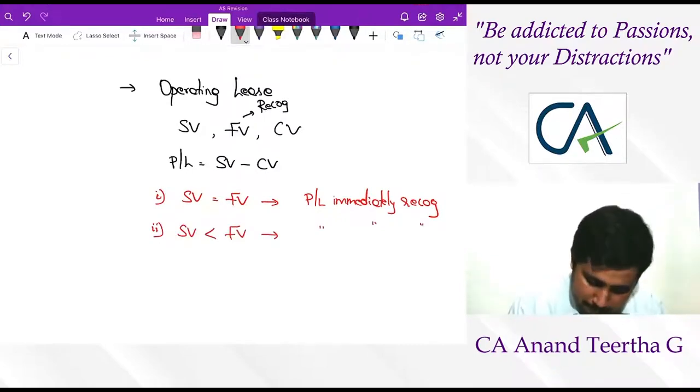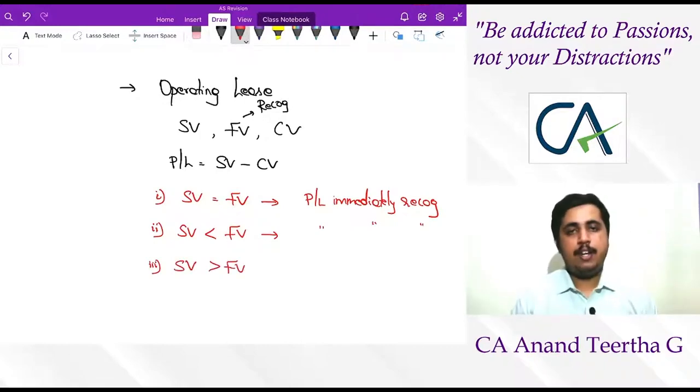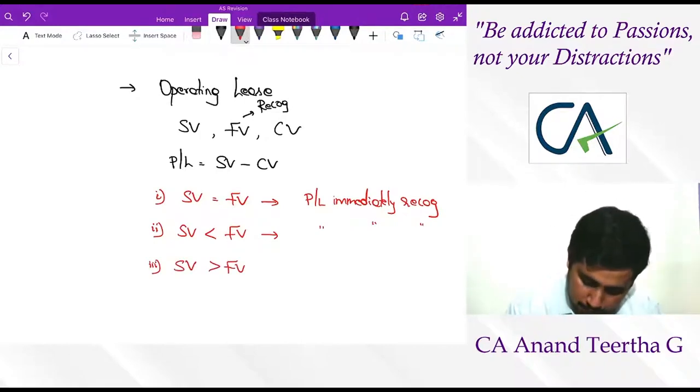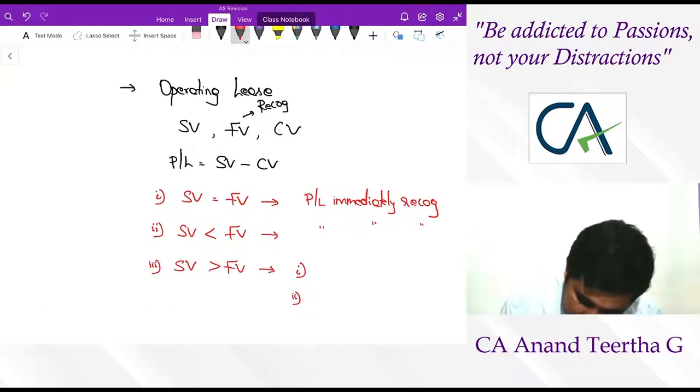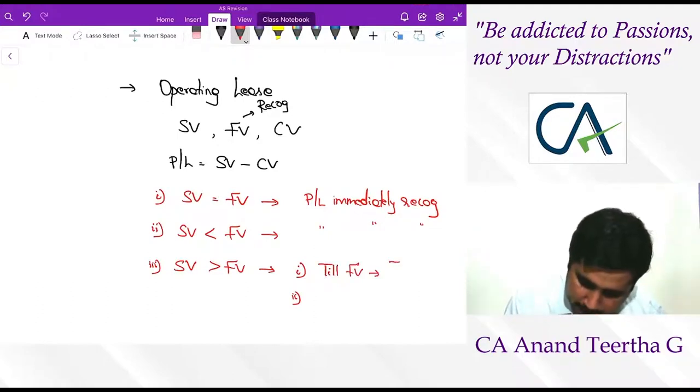But the problem comes if selling value is more than fair value. How do we do it? There are two things you have to do. First, till fair value, immediately recognize.